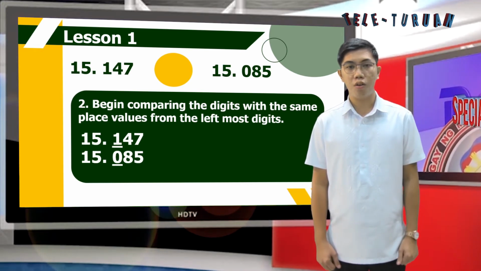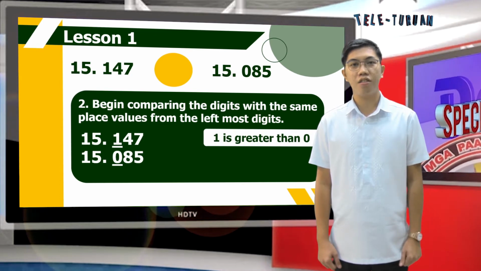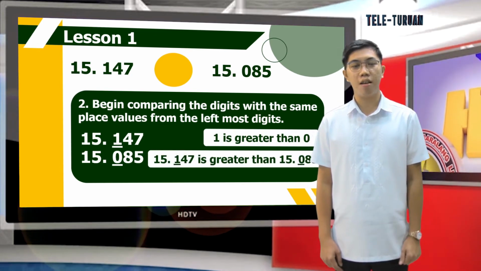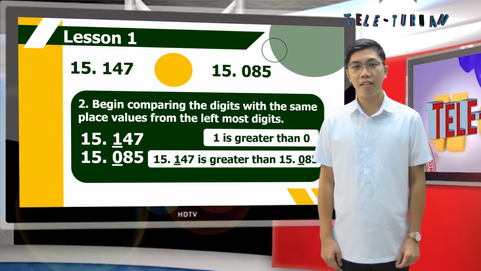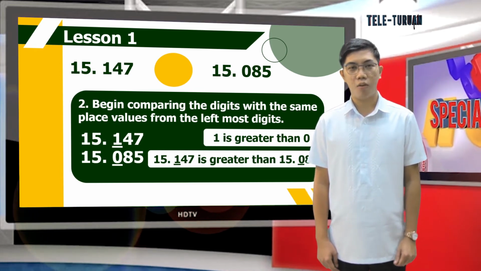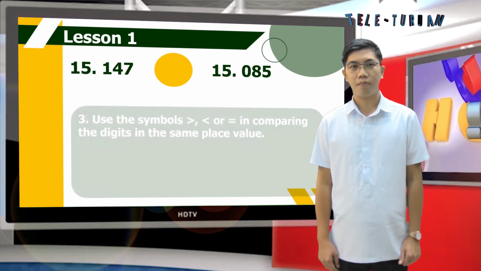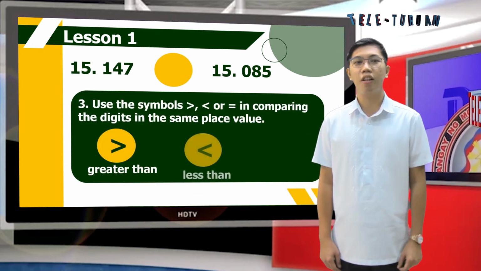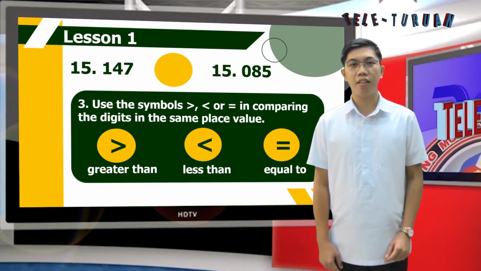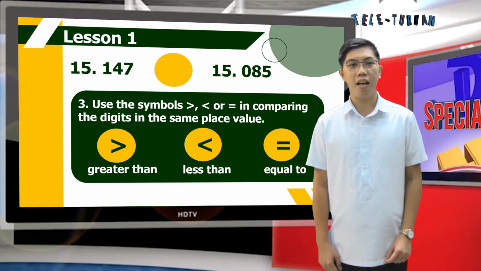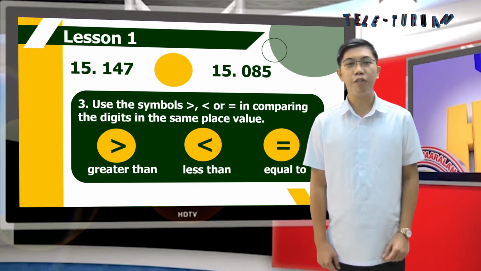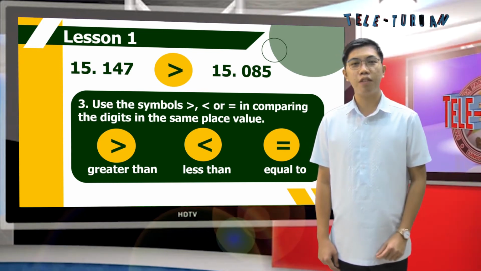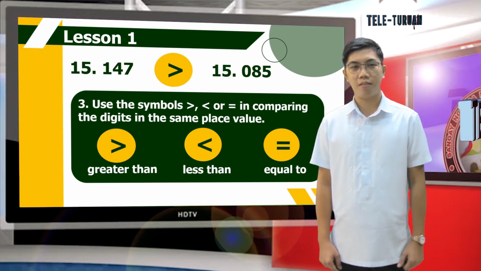Between 1 and 0, 1 is greater than 0. Therefore, 15 and 147 thousandths is greater than 15 and 85 thousandths. Use the symbols greater than, less than, or equal to in comparing the digits in the same place value. Again, 15 and 147 thousandths is greater than 15 and 85 thousandths.